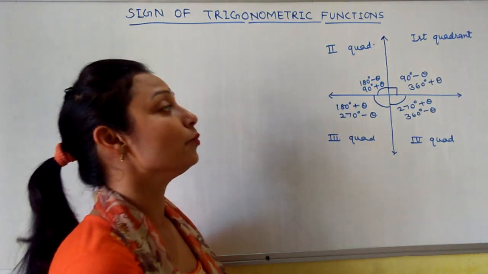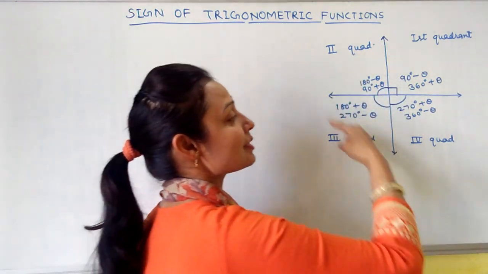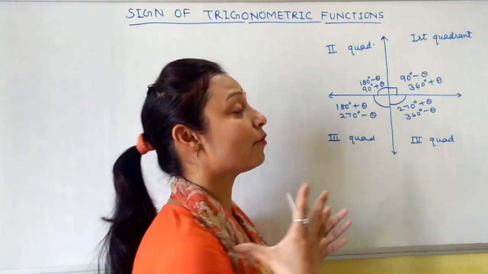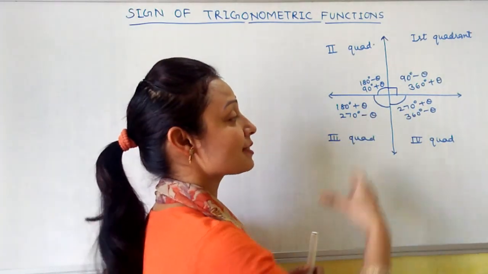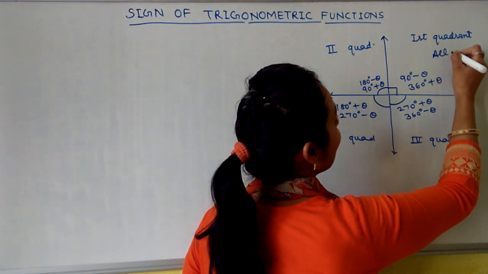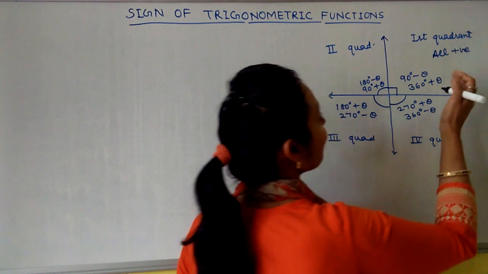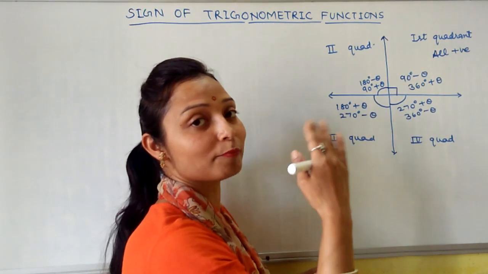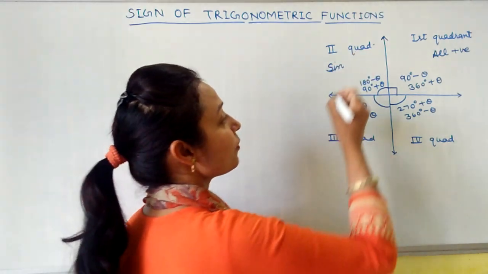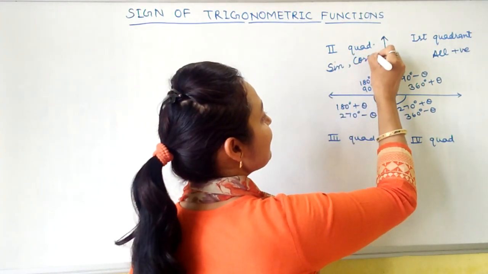Now I will tell you how these quadrants are divided among the ratios, and what the sign of each ratio is. In the first quadrant, all are positive. All the trigonometric functions are positive. This quadrant is for sine and cosecant.